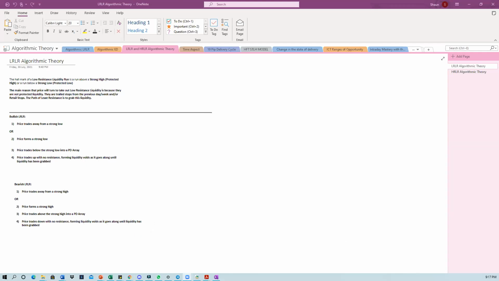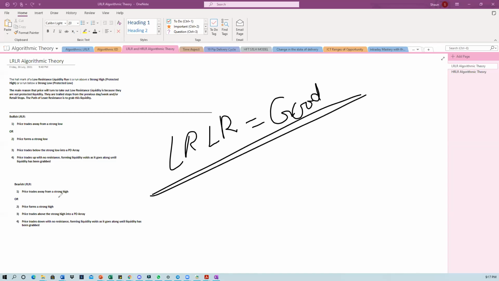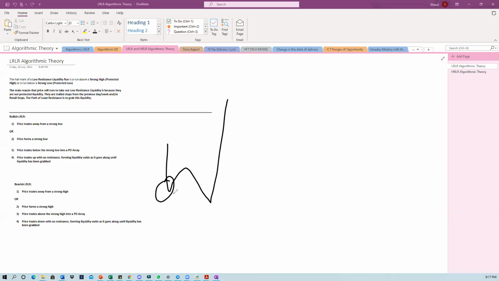So the point is, you want low resistance moves only. All right, if it does not provide you that sharp move up or down, then chances are you are going to get screwed, meaning you are going to be at least over here being taken out, or you're going to be over here and you get taken out, right?